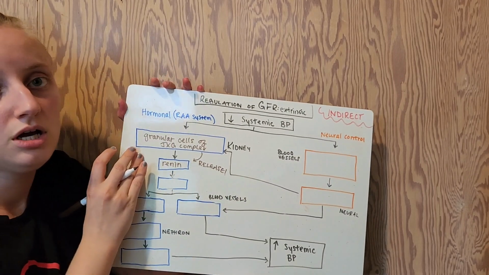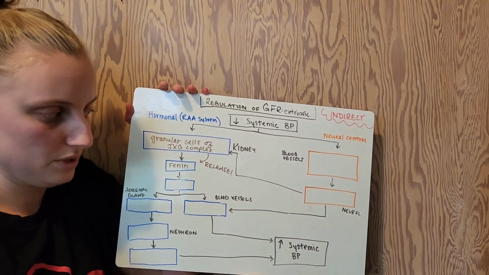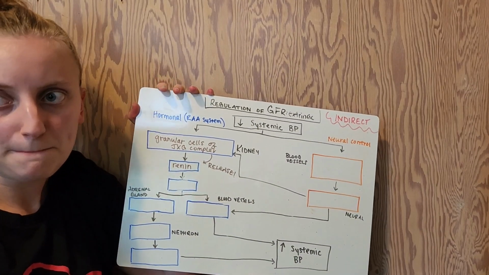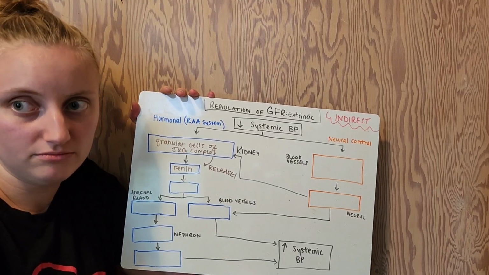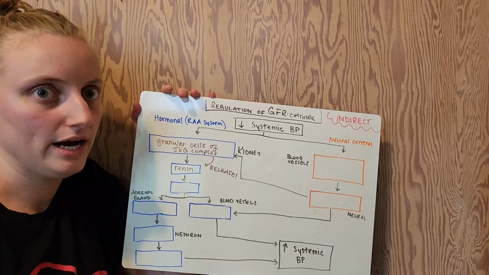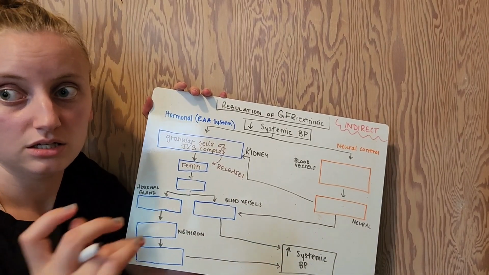And remember, renin is different than renin. Renin is the protein, renin is the enzyme. And this renin catalyzes a cascade that allows for the formation of angiotensin 2.